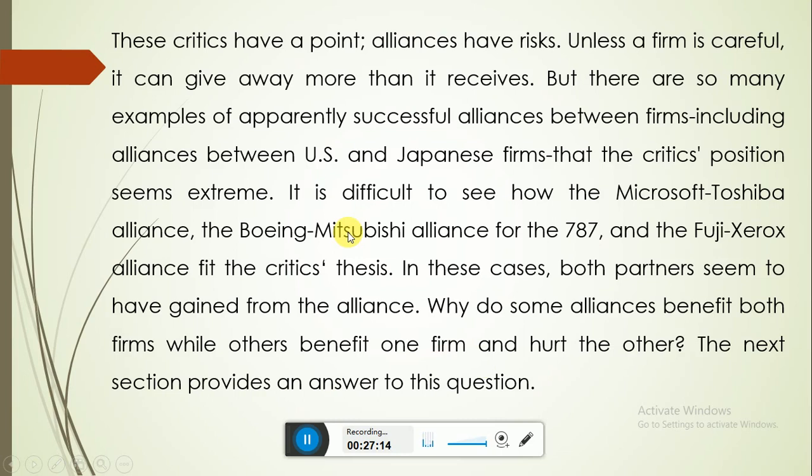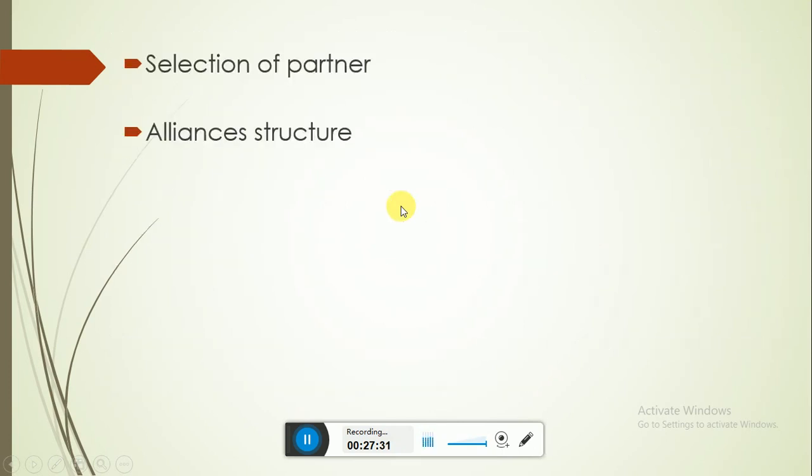So certain commentators say no, both firms have gained from strategic alliances. It's a mutual benefit, not a one-sided benefit. But you have to follow certain things that we will discuss in the next slide. The first is selection of a partner.